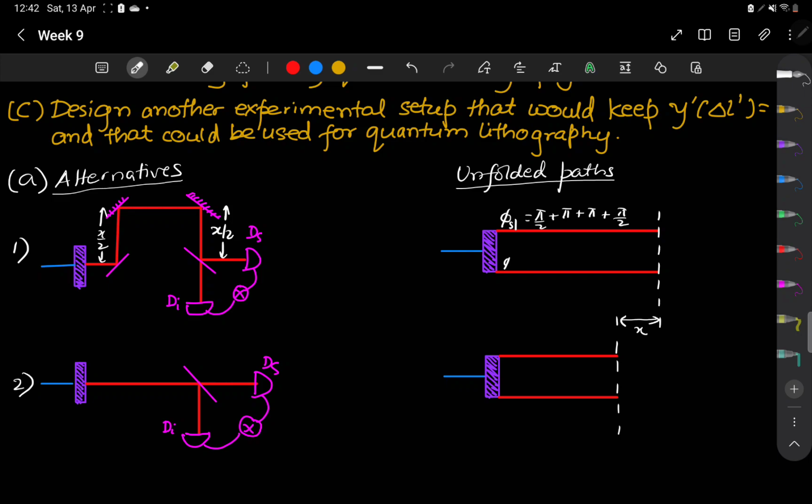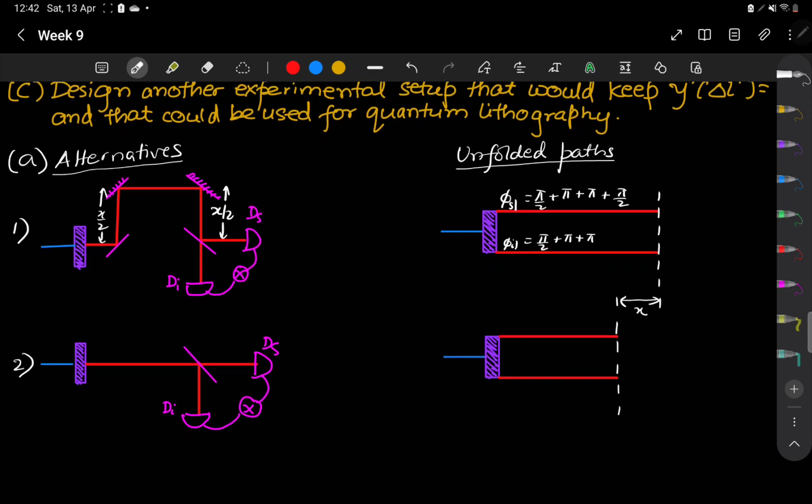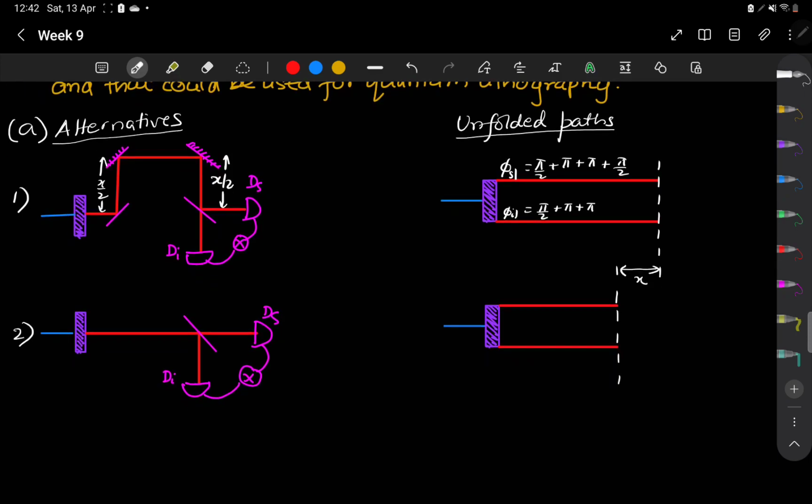And for the idler, reflection at the first beam splitter is pi, then mirror, then another mirror, and then transmission, which is no phase change. Now here, in the second alternative, it gets transmitted all along.